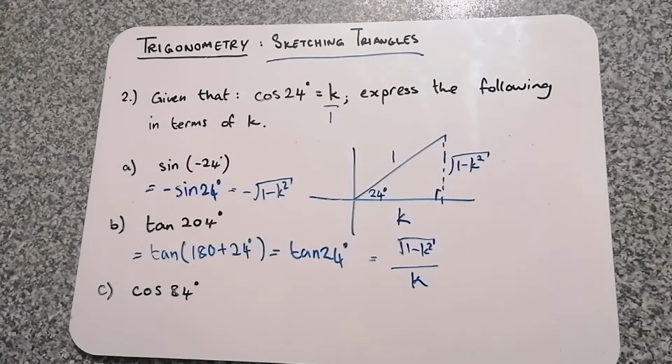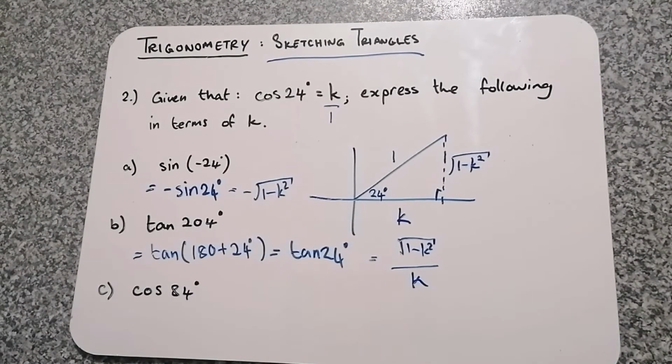Last question. This one's going to be a bit tricky. Cos of 84 degrees. Now, because 84 is already an angle less than 90 degrees, I can't necessarily reduce it further. But I can still break it up. It won't be a cofunction. It won't be a reduction. Because both of those are useless to me now.